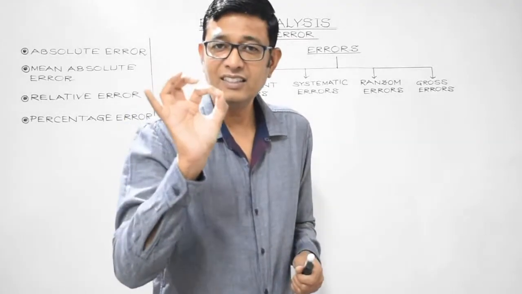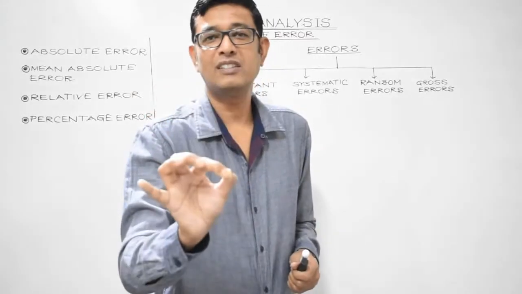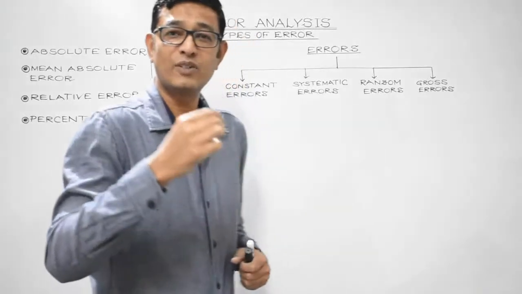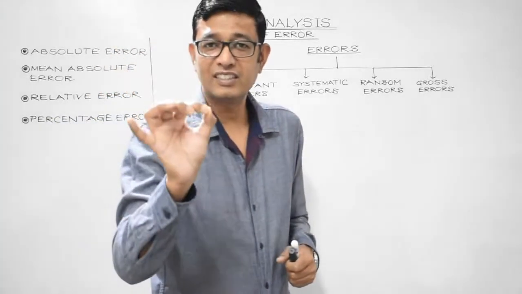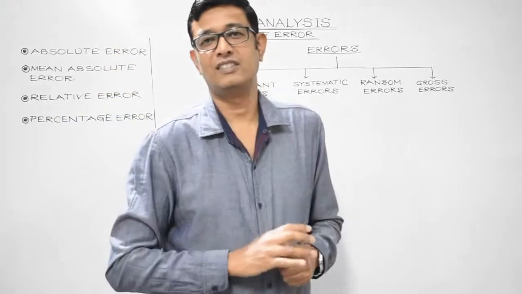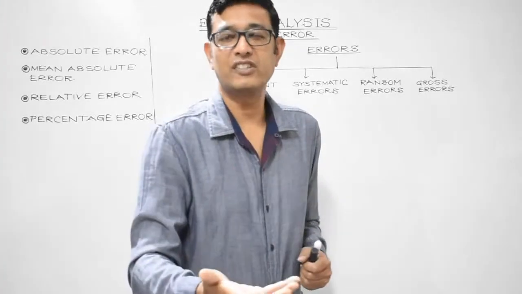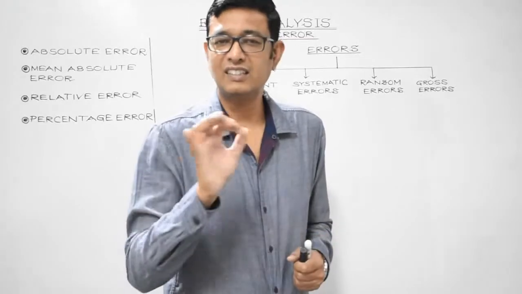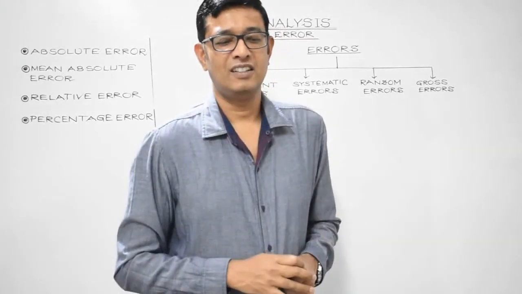So that uncertainty in the measurement is known as error. So students, error means the uncertainty in the measurement of a physical quantity by using some device or instrument. That is actually an error.